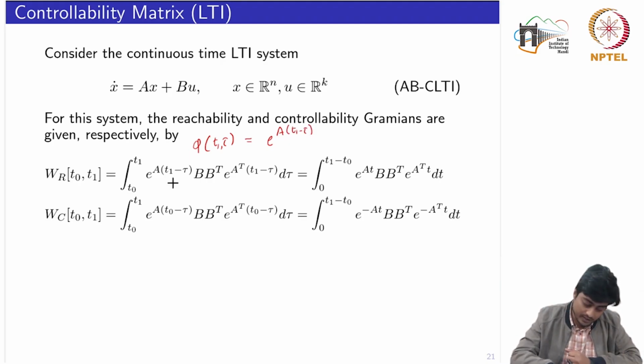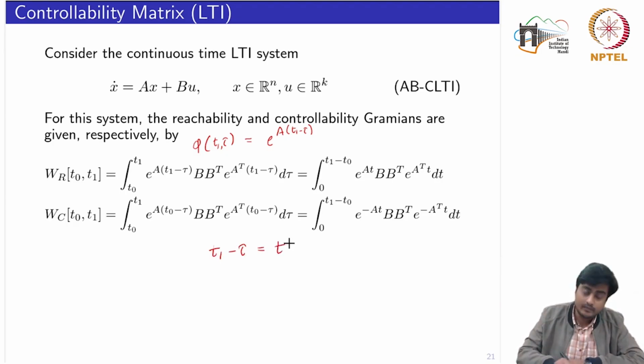This is what I have written here. Similarly, it would be the transpose. And similarly for the controllability gradient, we could replace with the exponential matrix with a slight change from t1 to t0.